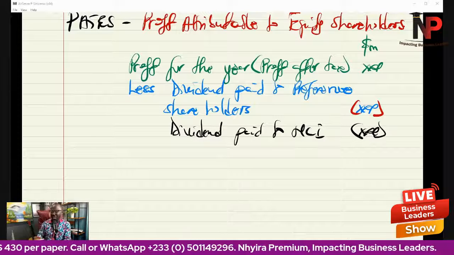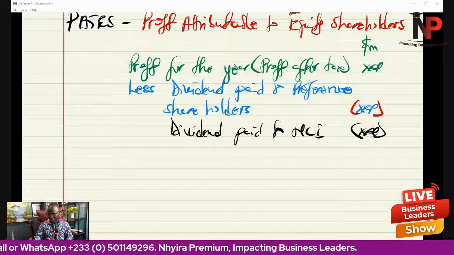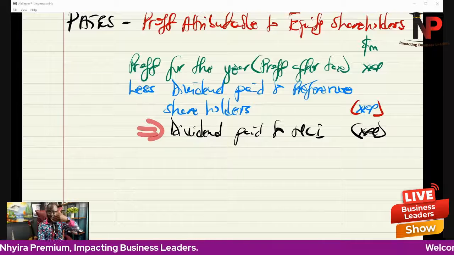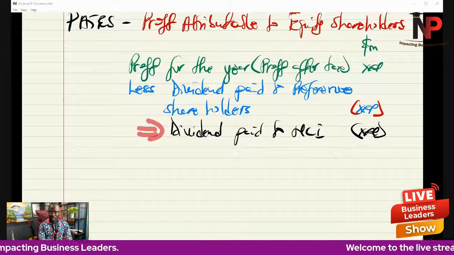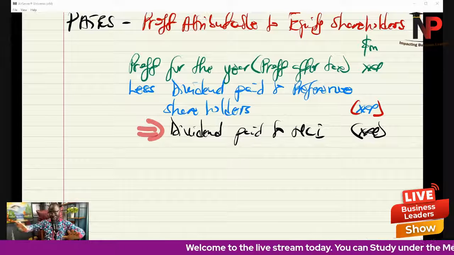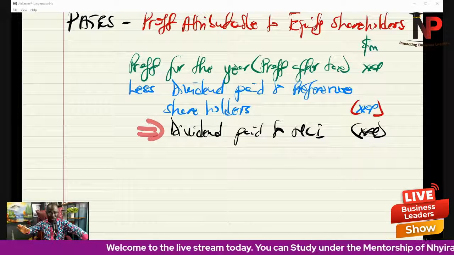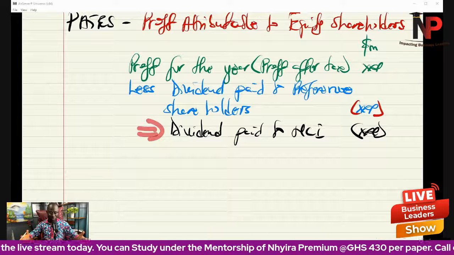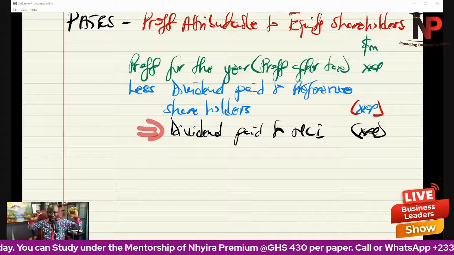Now, this will really come in for maybe corporate reporting students, because that is a little bit advanced for the financial reporting students. But you cannot let anything go, because consolidation is in level 2 financial reporting and non-controlling interest is dealt with as well. So I don't want you to take the limit off and say, hey, it's not part.